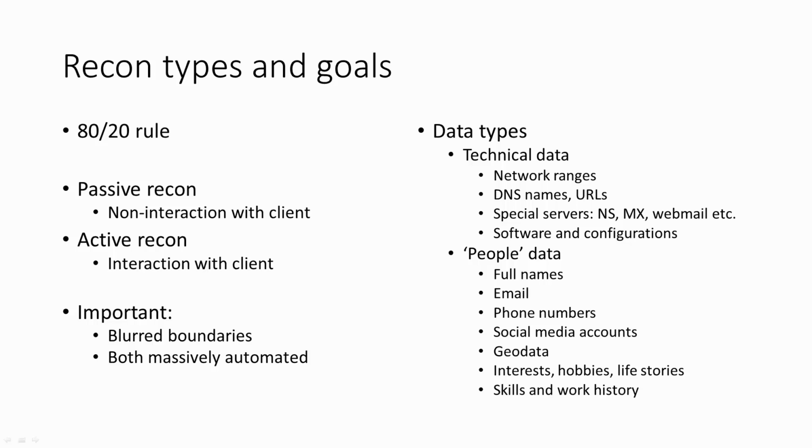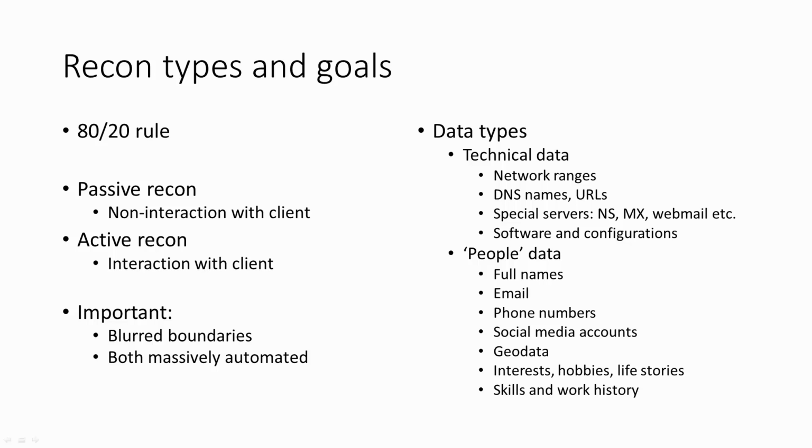So what are the goals? The goals are to collect as much information as possible, and the types are passive and active reconnaissance activities. The difference between these two is not very apparent nowadays, because first of all, you cannot do these two things separately.